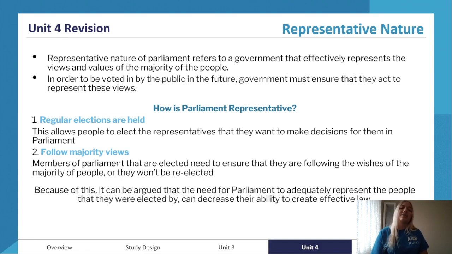The disadvantage of this is that often minority views and laws that are needed for minorities are neglected because they are not popular with voters, so Parliament doesn't think about them or initiate those bills. Additionally, controversial laws are perceived by Parliament to potentially affect their chances of getting re-elected, and they will often, even if they're very needed, try to avoid them and not initiate those bills.